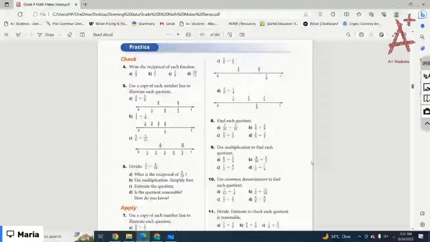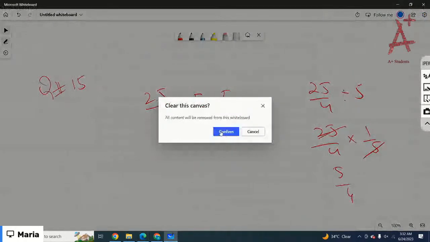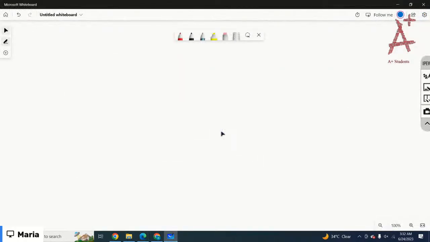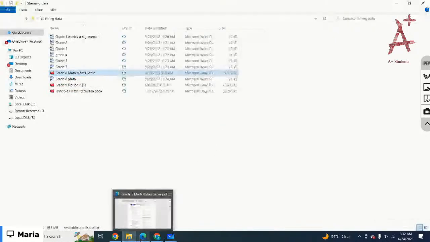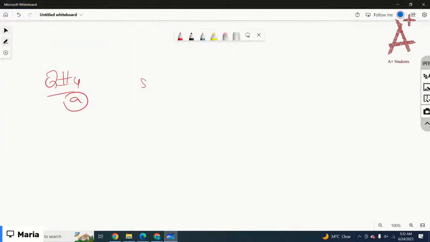That would be the reciprocal of a fraction. Question number 4a. The reciprocal of 5 over 9 is 9 over 5. Got it? You just interchanged numerator and denominator.